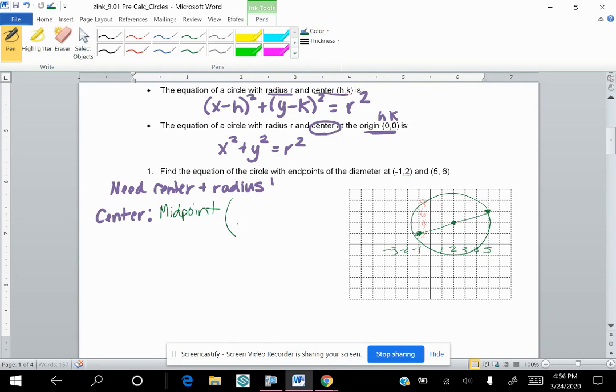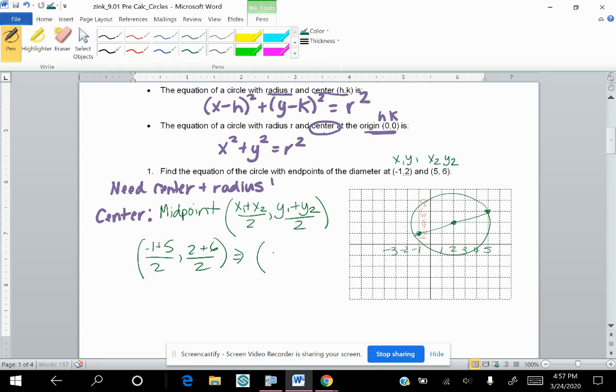Remember, your midpoint is the average of your x's and the average of your y coordinates. So we're going to call this our x1, y1, this your x sub 2, y sub 2, and we're going to just substitute in. So I'm going to have (-1 plus 5) over 2 and (2 plus 6) over 2.